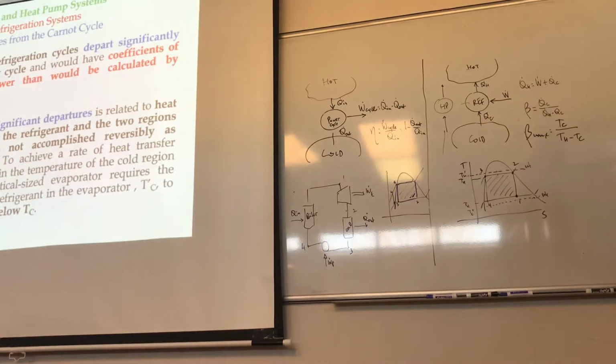Again, this is just a comment, okay? We're not going to worry about it. This is just going from what's happening with an ideal Carnot cycle to the real thing.